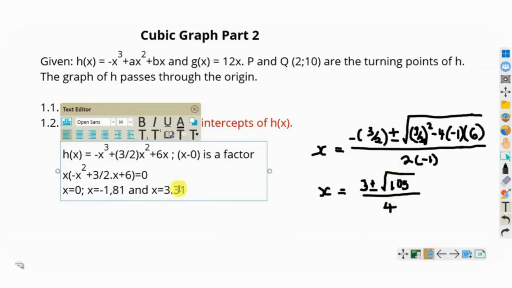Okay, so these are the x values for the x-intercept of this equation.